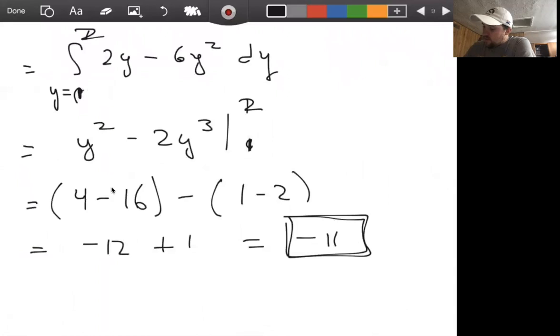So let's see one more example that's maybe a little more difficult, so that way we have a nice enough introduction to double integrals that we'll be able to start solving more difficult problems.